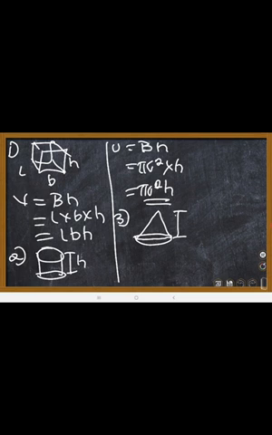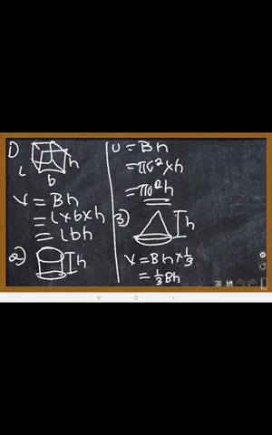A cone has a circular base and a slant height. So the volume of this cone is, as usual, base area times height, times 1/3 because it is tapered, it is narrowed or cut out from a cylinder. Of course, an experiment showed that a cone is 1/3 of a cylinder. So this is 1/3 BH.